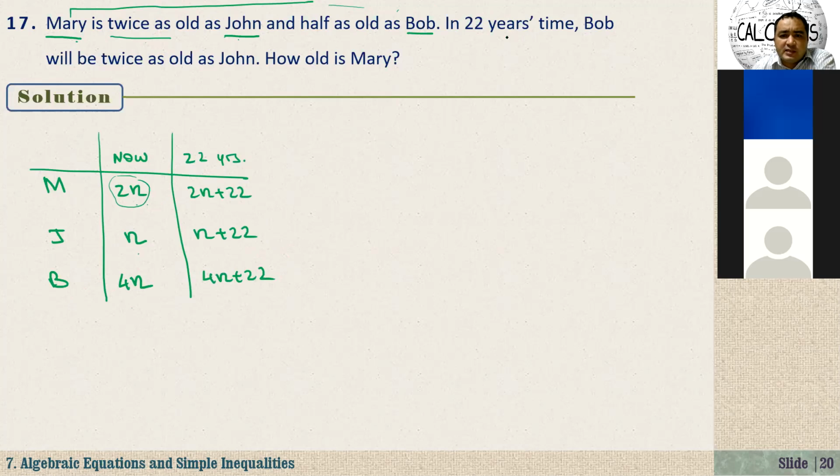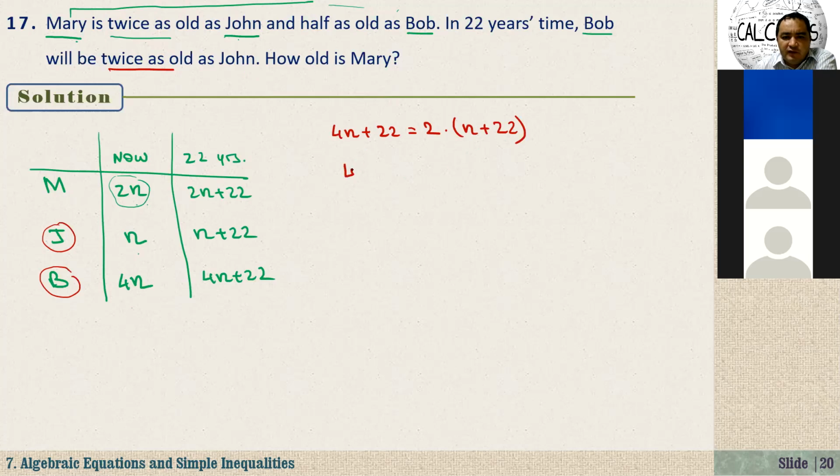Now in the question it says that in 22 years' time, Bob, okay, we are talking about Bob, will be twice as old as John. So that means Bob's age, it is 4n plus 22, will be twice as old. So that is 2 times as old as John. So that is n plus 22.